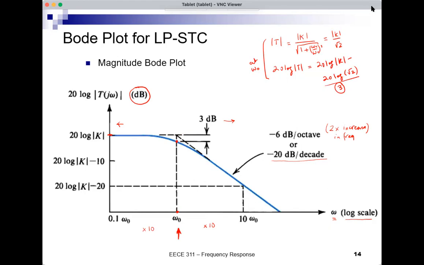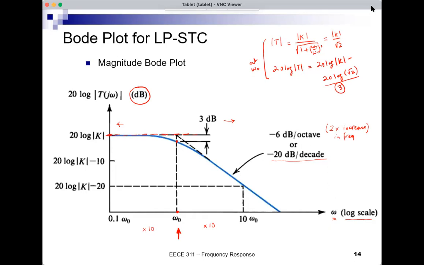Another term we use for omega 0 is corner frequency. And where does this come from? It comes from the fact that I can use asymptotes. I can do an asymptotic plot for the magnitude. So this is the first asymptote, just at 20 log K, a horizontal straight line with zero slope.